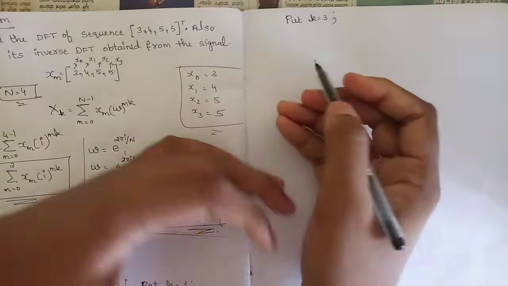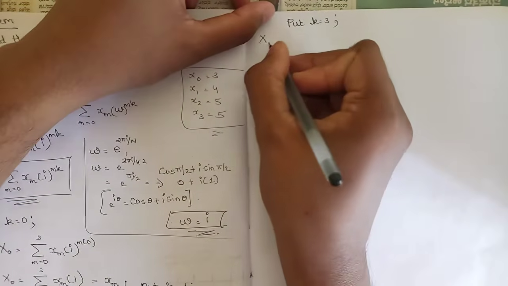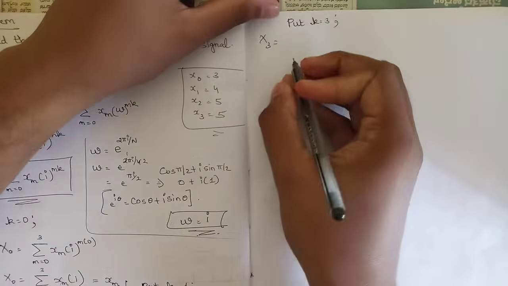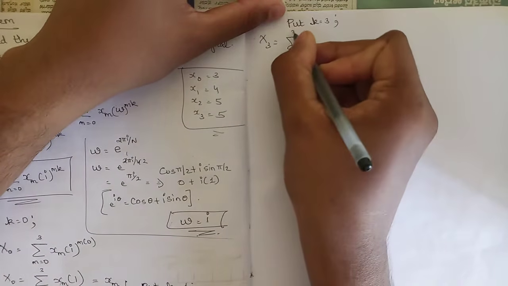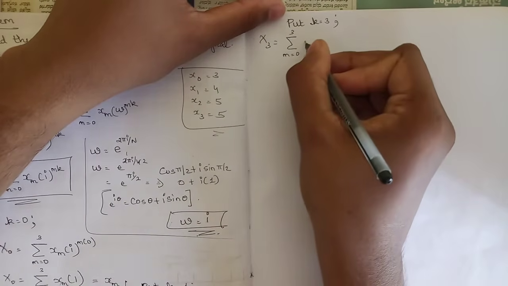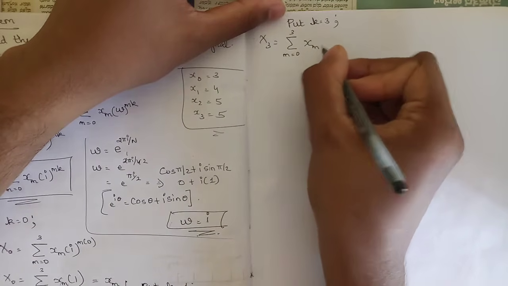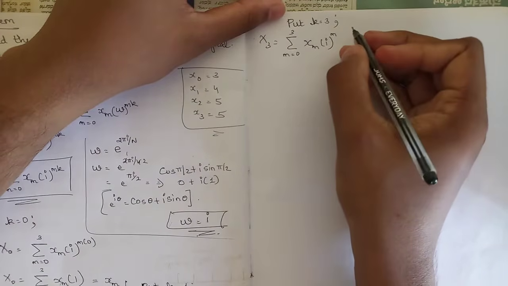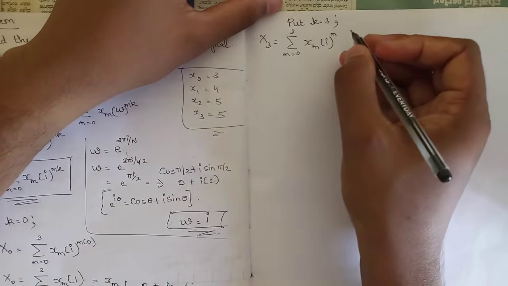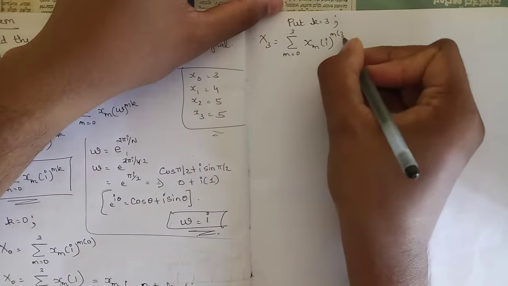So now put the value of k is equal to 3, so the corresponding value we need to find is for x3. Again it is summation n tending from 0 to n minus 1, that is 3, of xn into I to the power n into 3.